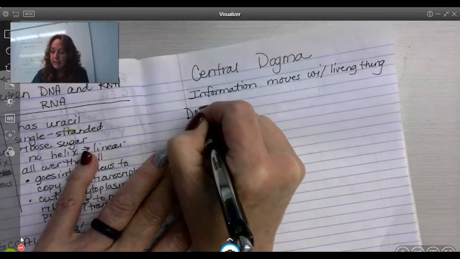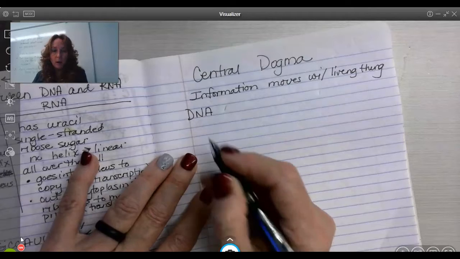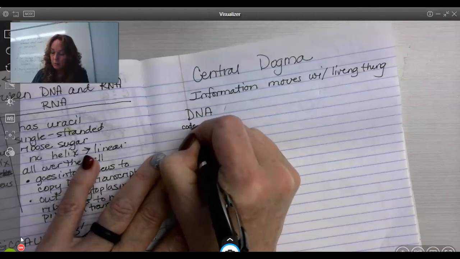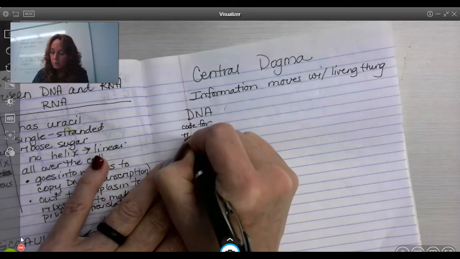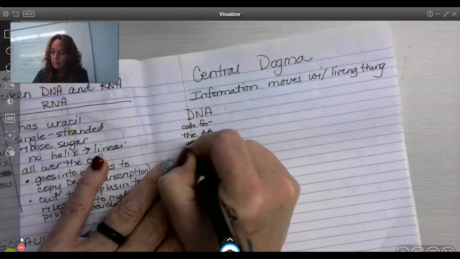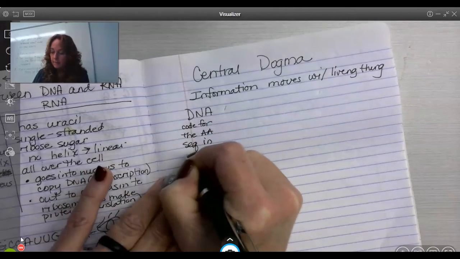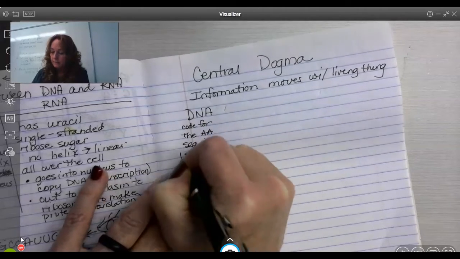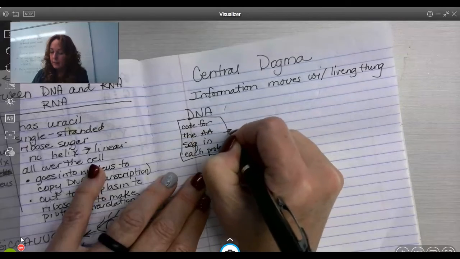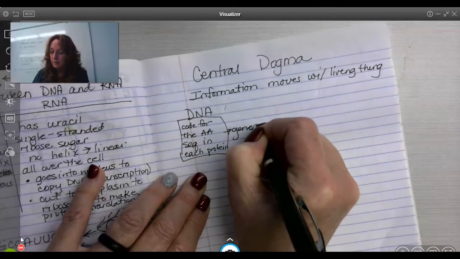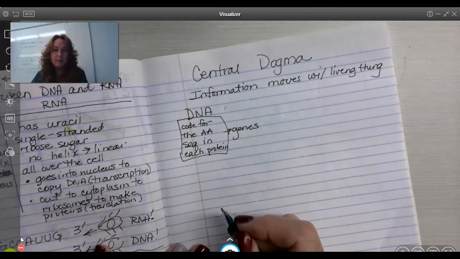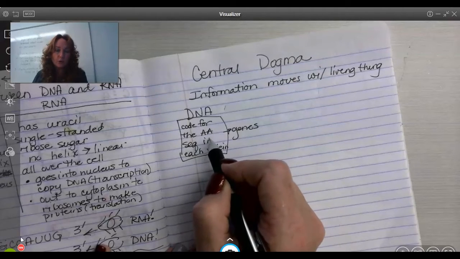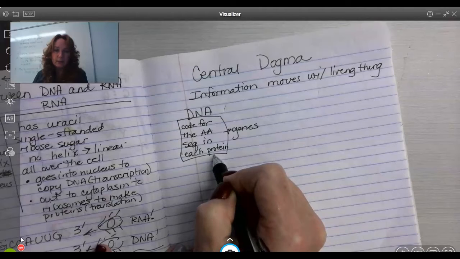DNA is going to contain the code for the amino acid sequence in each protein. And it's genes. So DNA is made up of genes. Genes are the code for what order you put your amino acids in for each protein.